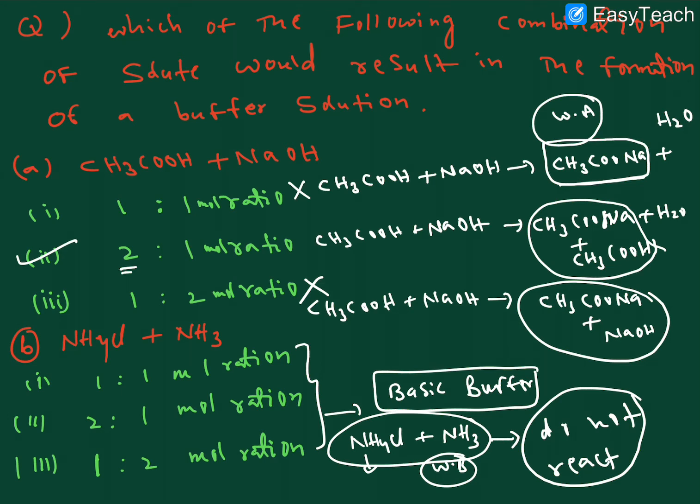Next one, buffer action. Whenever we add a small amount of strong base or strong acid, the pH remains the same. How does the pH remain the same? Let me explain the mechanism. That is called buffer action, right?